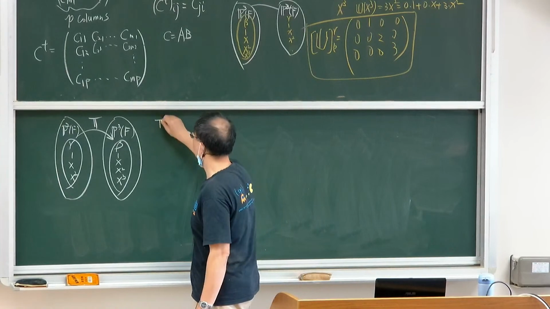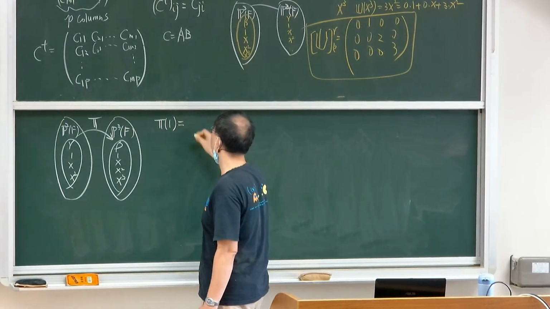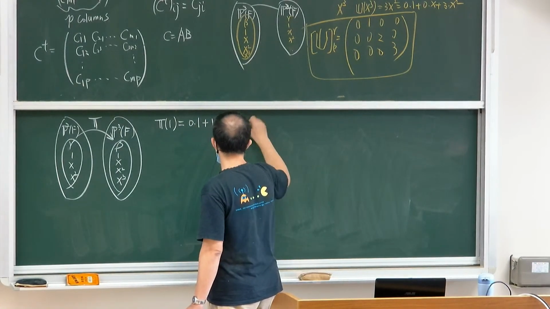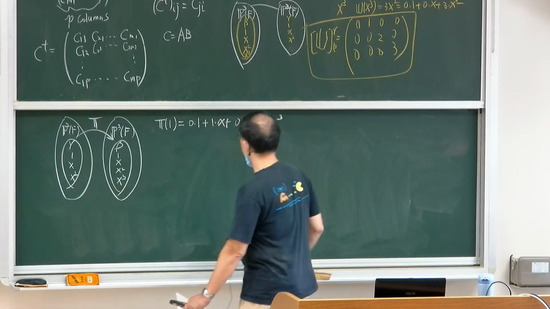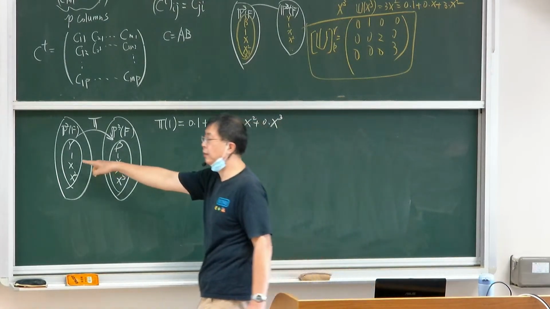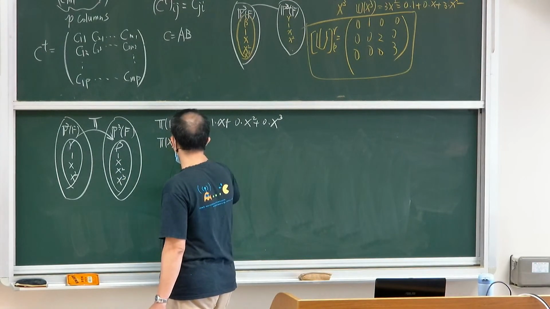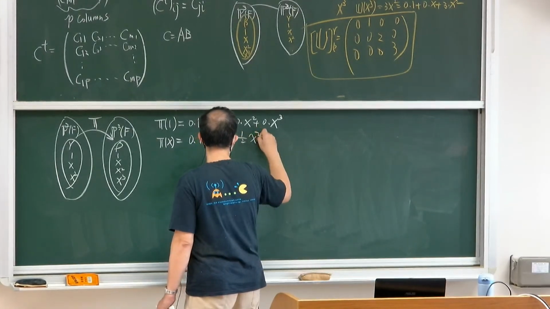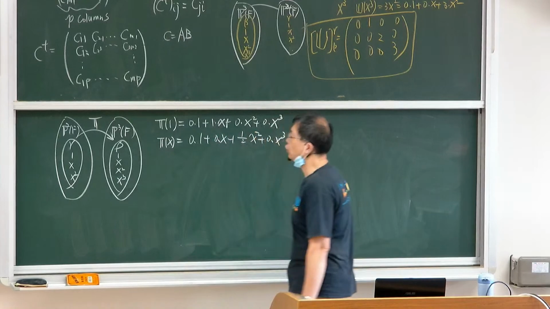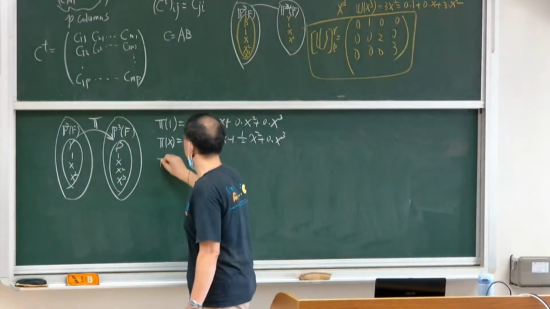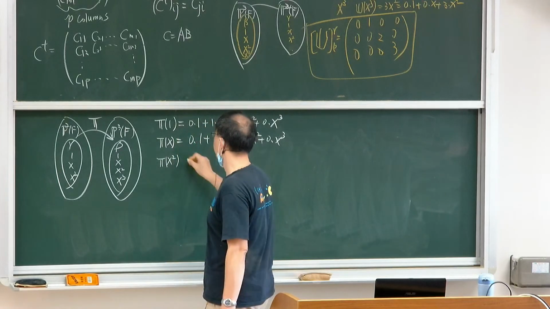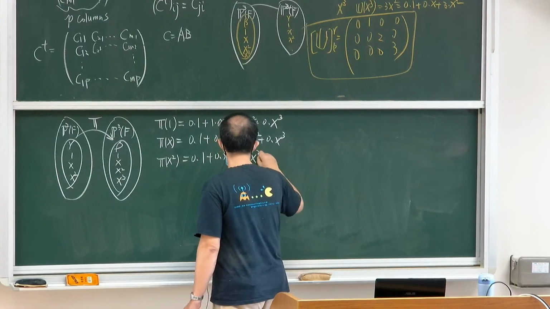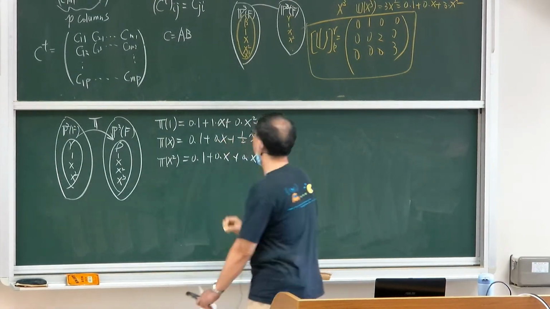So we take T of 1. We get 0 times 1 plus 1 times x plus 0 times x squared plus 0 times x cubed. And the second vector, T of x: 0 times 1 plus 0 times x plus 1/2 times x squared plus 0 times x cubed. And T of x squared: 0 times 1 plus 0 times x plus 0 times x squared plus 1/3 x cubed.